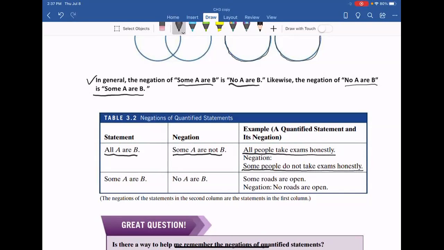The statement "some A are B" has the negation "no A are B". The example is: some roads are open. The negation is: no roads are open. You will find some similar questions in your assignment.